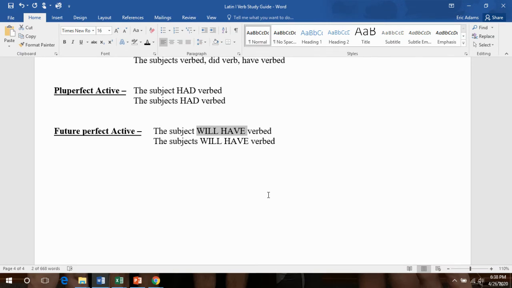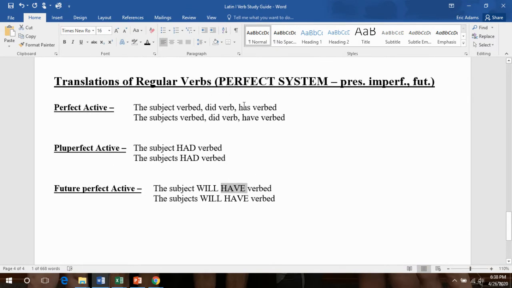Both of those are going to happen in the future, but I can say, before I will eat dinner, I already, because it is completed, will have driven home. In that way, you can have an action that is in the future, but you can indicate its completion, because that is at its basis what has and have indicate. It indicates completion, and that's why it is a translation by itself of has or have for the perfect. But when it's future perfect, it will be will have, as in will have verbed.